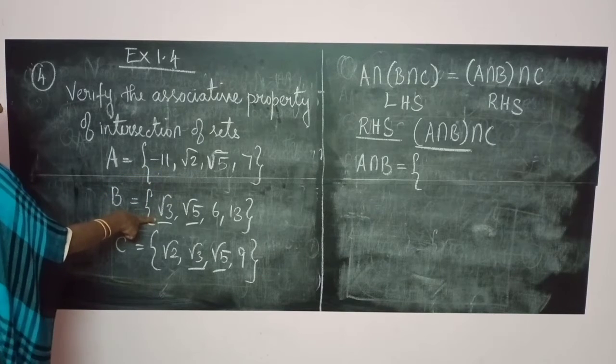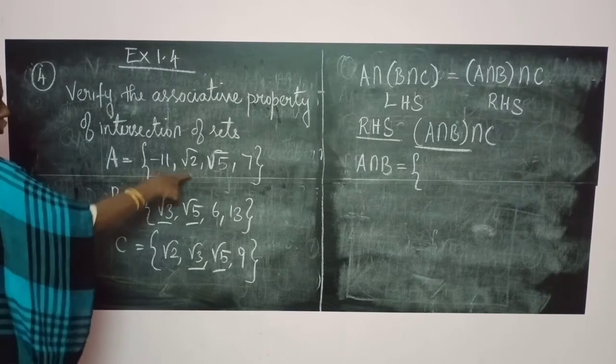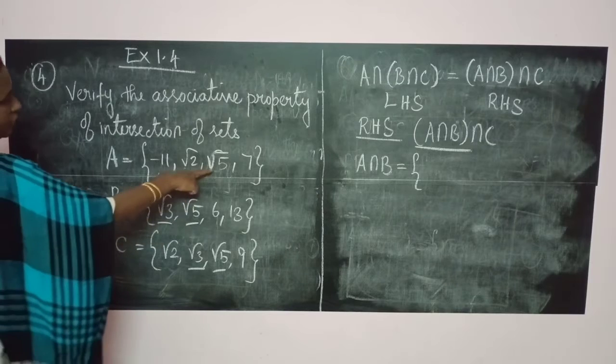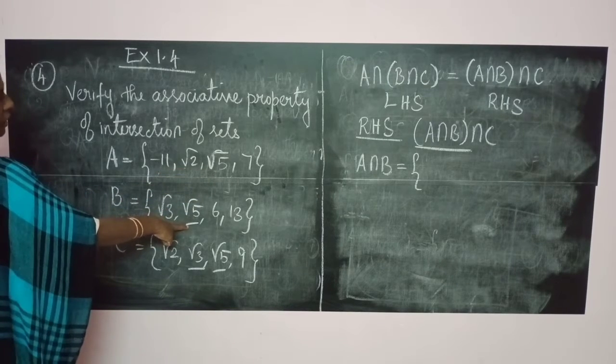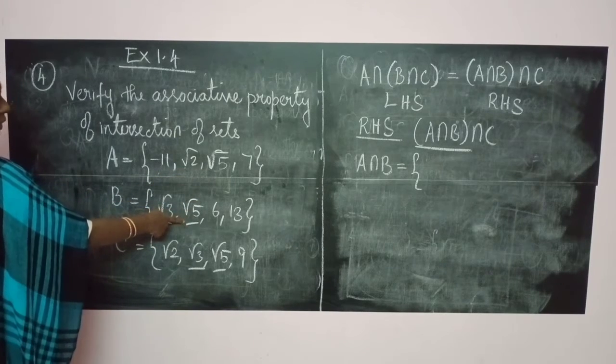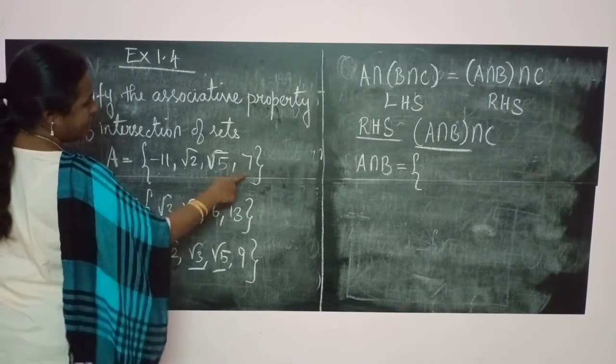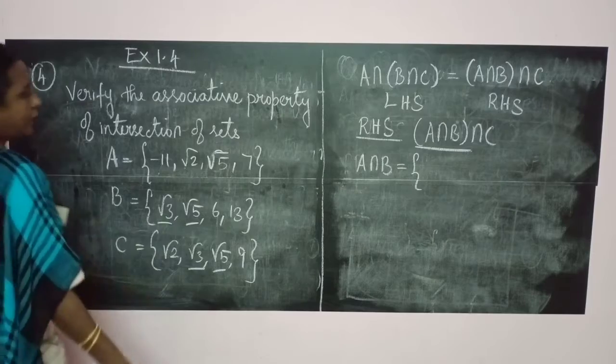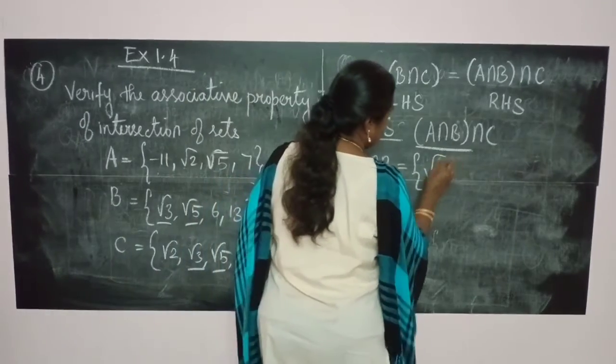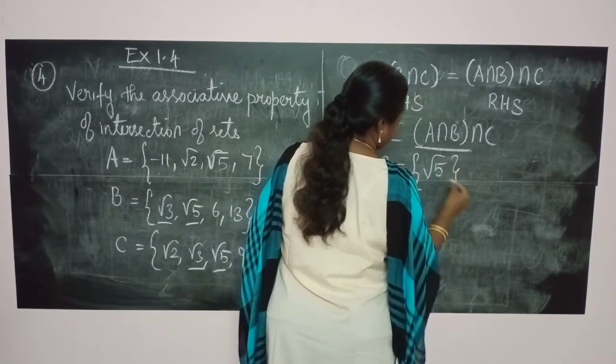Minus 11 is not in B. Minus root 2, root 2 is also not in there. Root 5 is common in both A and B, isn't it? 6 is not in A, 13 is not in A, 7 is not in B. So only root 5 is common in both the sets.